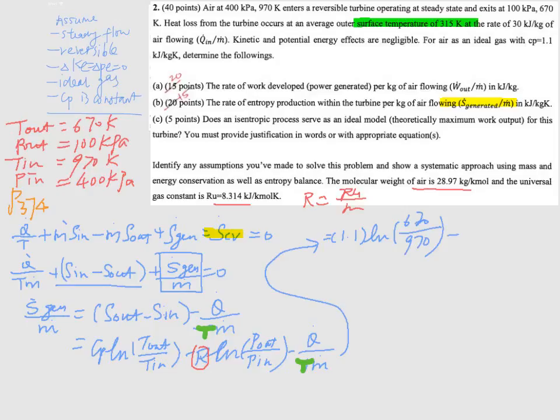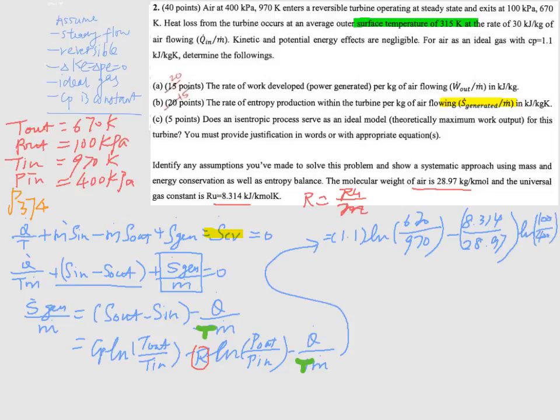Minus RU over M, the molecular weight, so R is 8.314 over 28.97, times the natural log of P out over P in, which is 100 over 400.